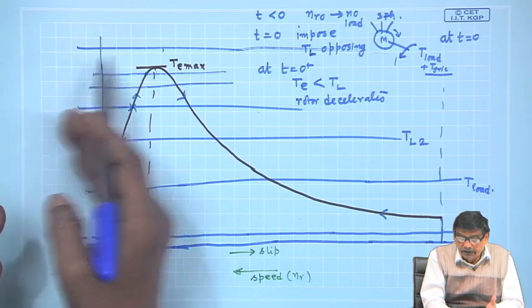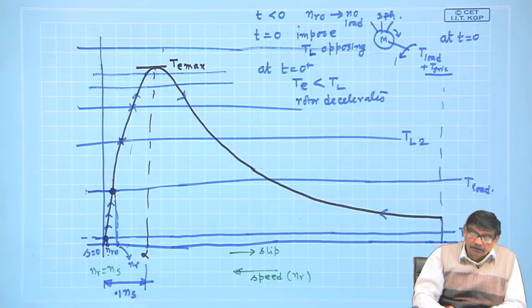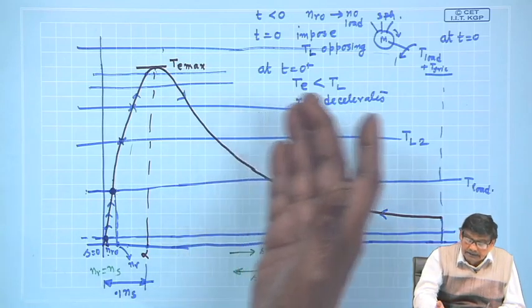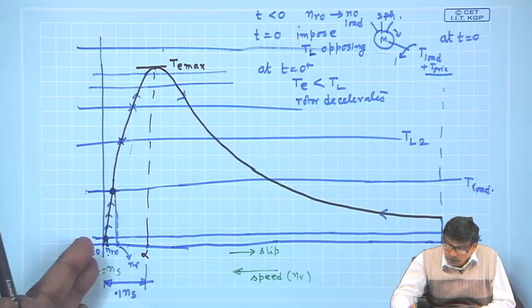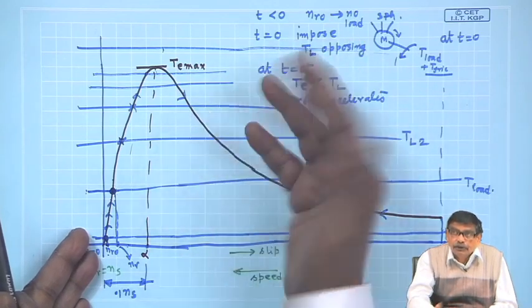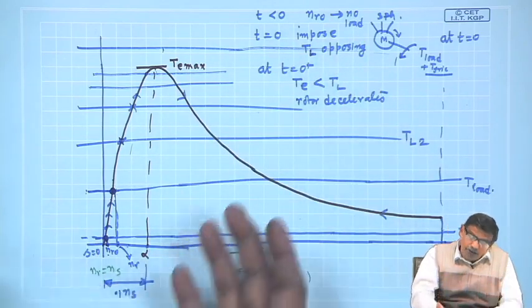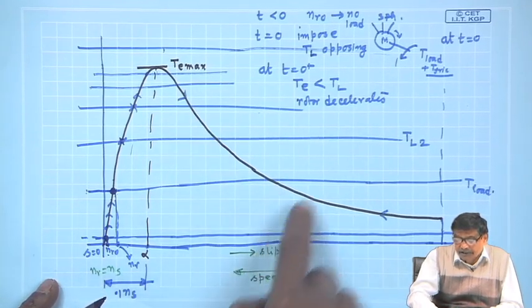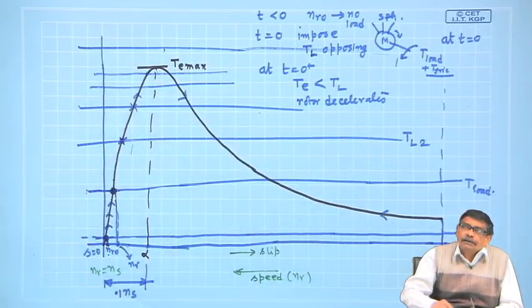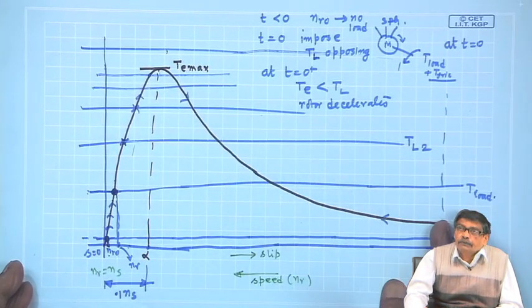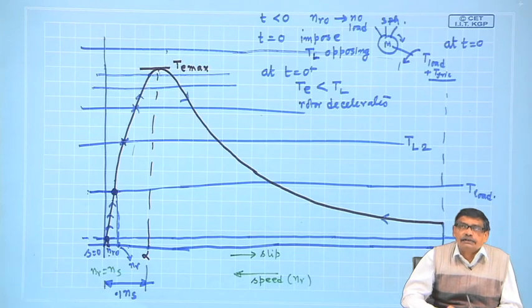Since you have made the opposing torque greater than T max, at no point in this range 0 to 1 is this trend going to be reversed, that is, TL is always greater than the developed torque whatever point you take. So, what will happen? The machine will finally come down to standstill.